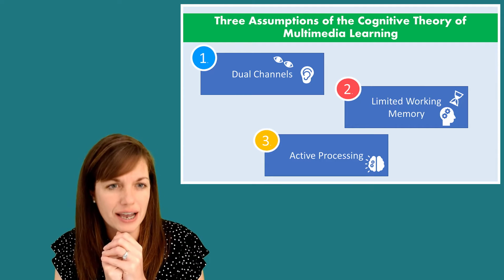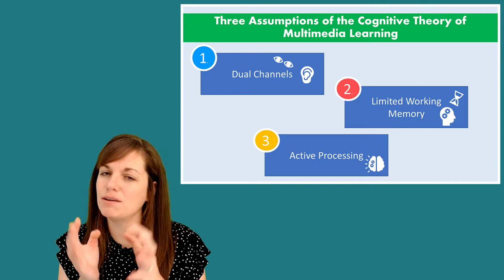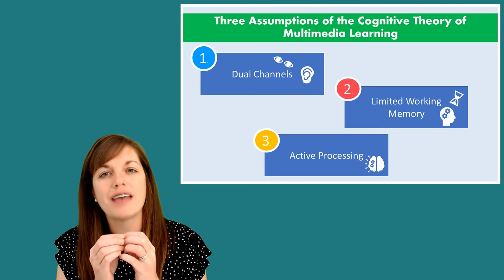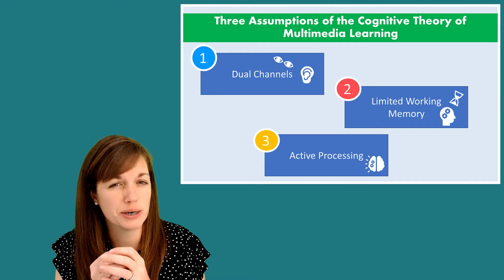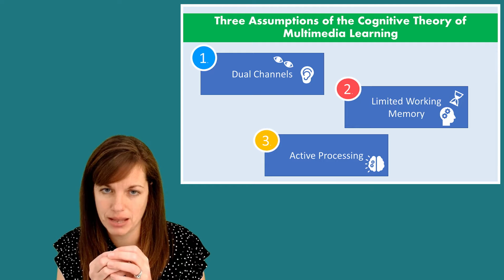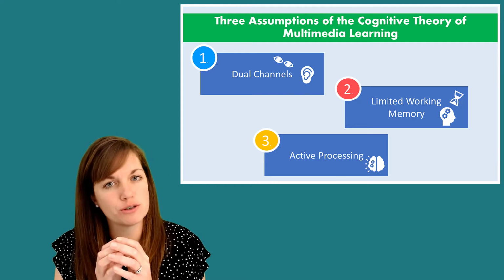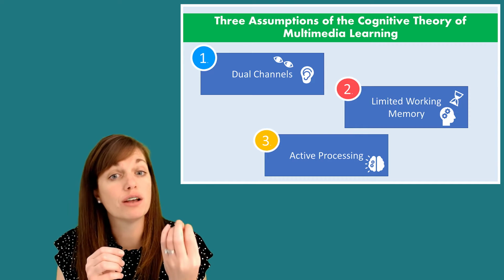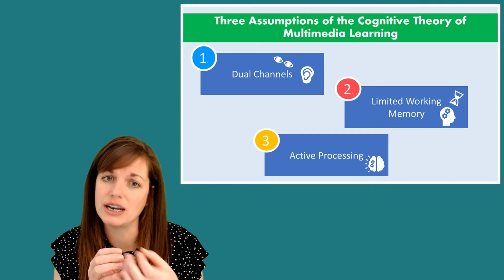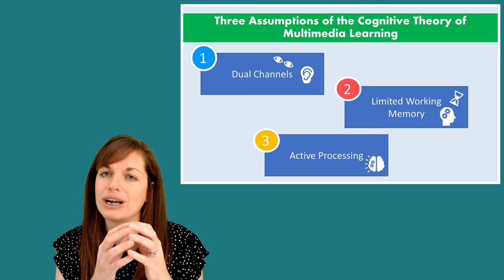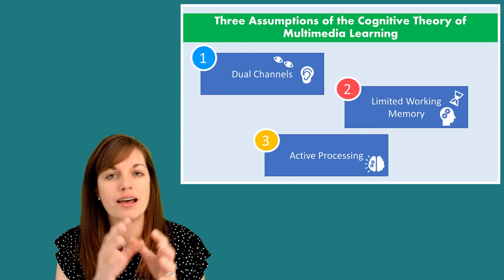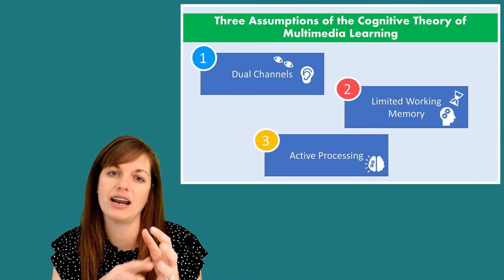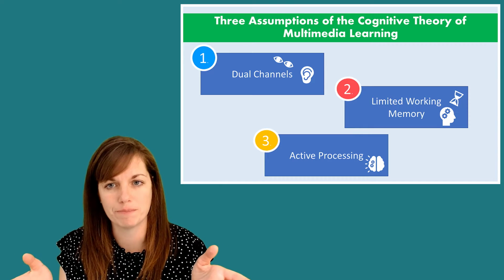The second assumption is that, similar to cognitive load theory, working memory is extremely limited. And the third assumption deals with active process. The active process is where the learner selects the information that is significant and organizes it into a schema that then gets integrated into long-term memory.